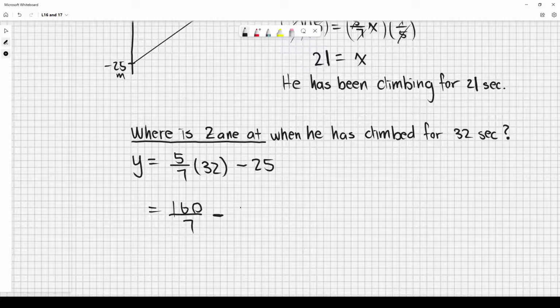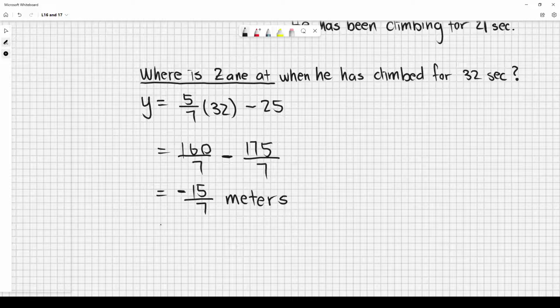God, better work on my arithmetic. Oh, 175, that's right. Divided by 7. And indeed, you are correct. Excuse me. Negative 15 over 7 meters. So, for word problems, it is okay if you don't leave it in fraction form. You can just directly calculate this, around negative 2.14 meters.